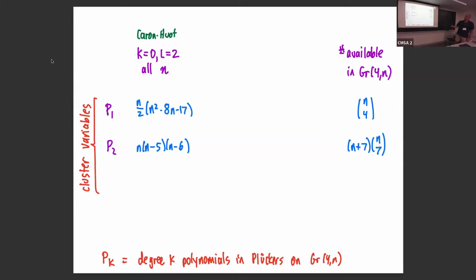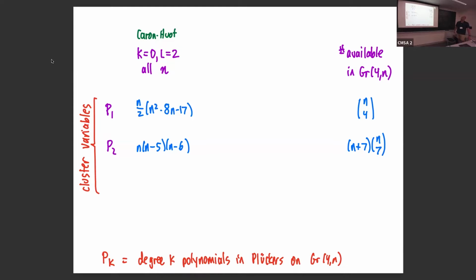So he found that in the symbol of the n-point amplitude, he found this many Plücker coordinates. How many Plücker coordinates are there? Well, in Gr(4,n), there are n choose 4 Plücker variables. So this number is generically less than that number. They happen to equal each other for 6 and 7, but starting at n=8, this number is strictly less than that number.